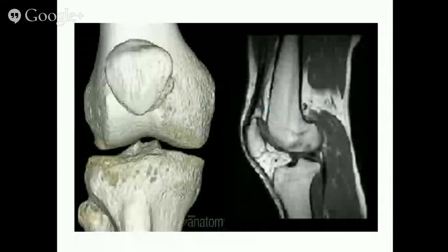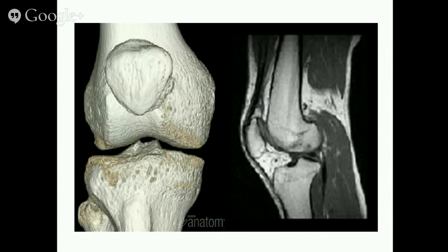That takes us back to the knee. And actually the knee is a much more difficult joint to repair and to rehabilitate. We have loadings going up to 10 times body weight through the knee.